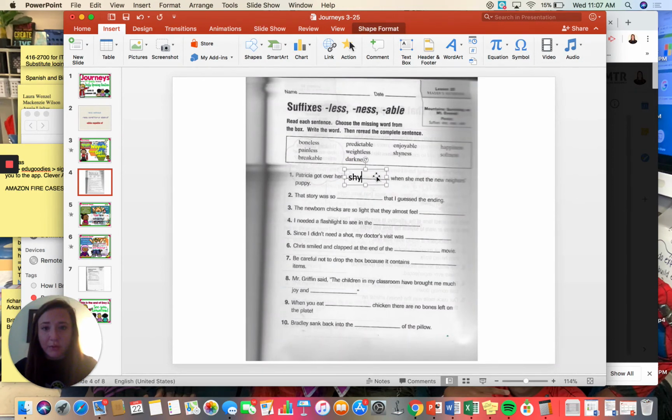I'm thinking that word might be shyness. She might have been shy before meeting the neighbors. And shyness means the state of being shy. So she might have got over her shyness when she met the new neighbor's puppy. So if I chose that word, I'm going to cross it out and I'm going to keep going.